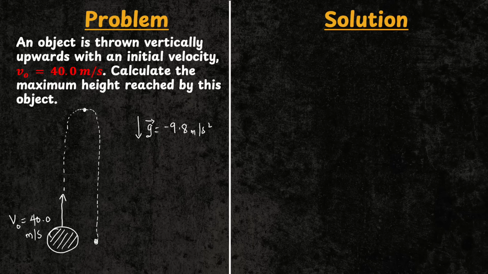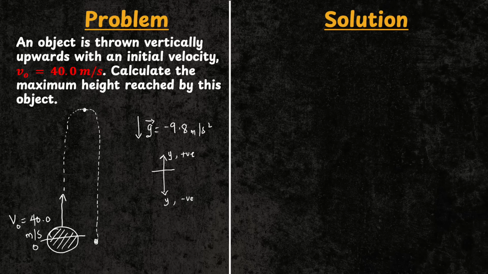So if we are to draw our coordinate system, up is positive and then down is negative. With this, we can clearly set our origin from the point where we launched this object. So the 0 point would be lying somewhere here.